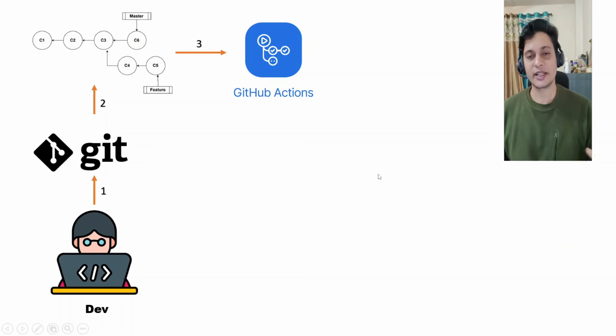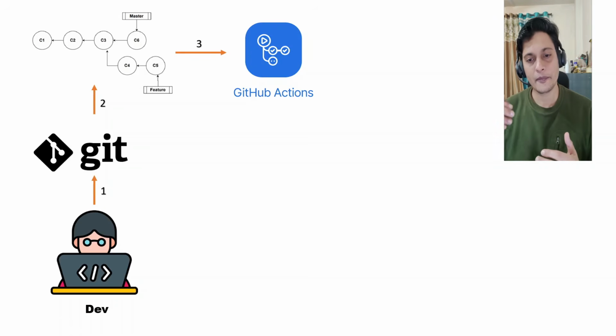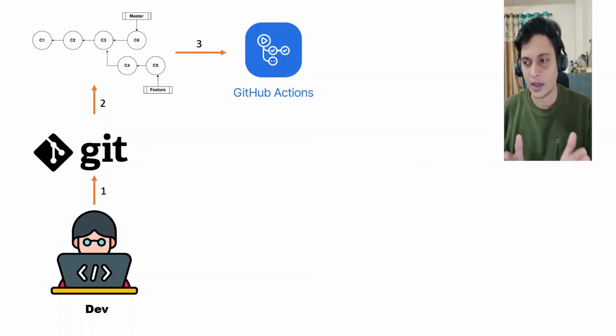So what is this GitHub Action? What will this GitHub Action do? Let's say you have created a commit to be merged with the master branch, and your reviewer, the main person, just merged your code into the master branch. Now, just think of GitHub Actions as a separate machine which is watching everything.